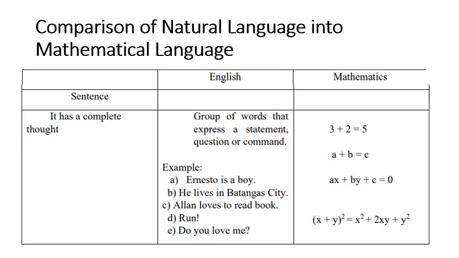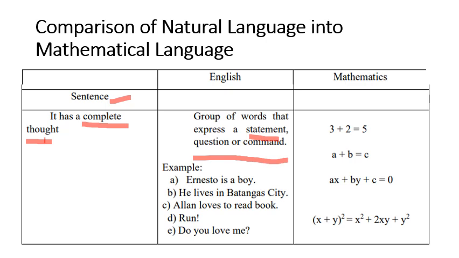When we talk of sentence, kanina expression, ngayon sentence, it has a complete thought. So, kailangan kumpleto na yung thought niya. Kailan natin sinasabing complete yung thought? So, sa English, we use the group of words that express a statement, a question, or command.